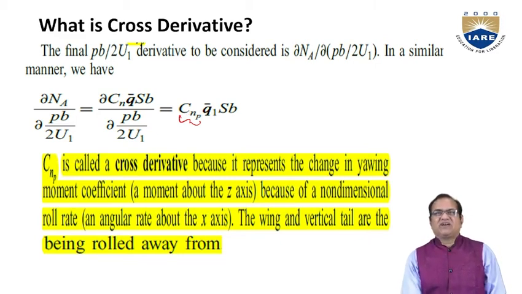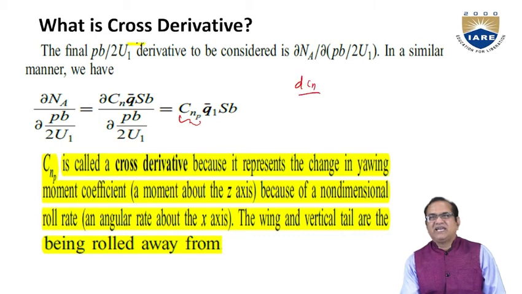This Cnp is called the cross derivative because it represents the change in yawing moment coefficient, a moment about the z-axis, because of the non-dimensional roll rate. It means if you roll, yawing will take place. That is the meaning of Cnp, dCn by dP.